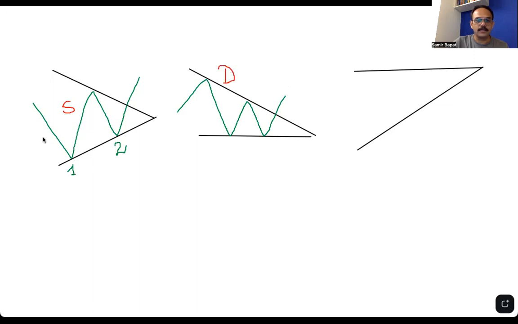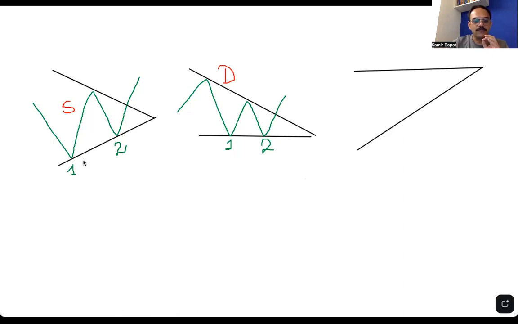In this is the bottom 1 and this is the bottom 2. Okay, this is a flat line. So in a descending triangle, the bottom 2 is almost at the same level as bottom number 1. So 2 is at the same level as 1.